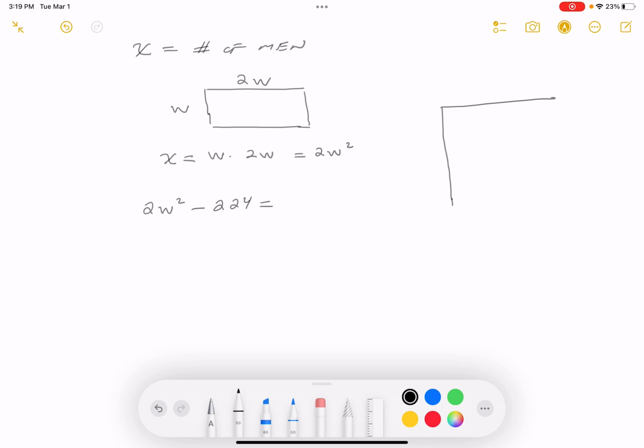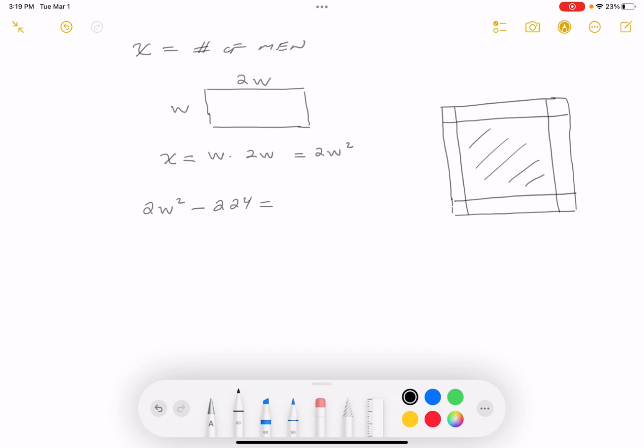And I'm not very good at drawing pictures, I realize that. They said they could form a hollow square, so I'm going to put up what a hollow square looks like, sort of. In the hollow square, this part's empty.